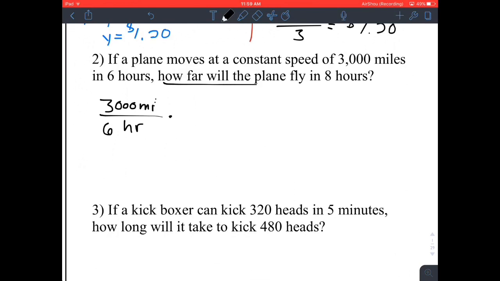How far will it fly in 8 hours? Well, if we multiply this by a fraction, we want the 8 to cancel, and the bottom is just going to be 1. So this is not equivalent to 1. This fraction here is not equivalent because our answer is not going to be equivalent to 1. So as far as canceling goes, we got hours on the top and bottom.